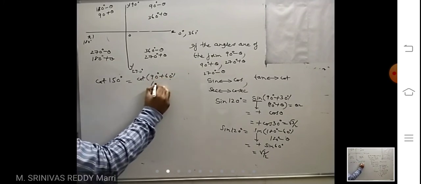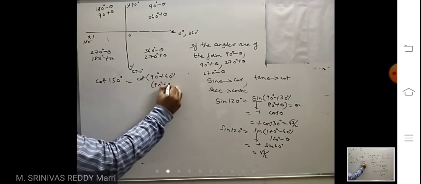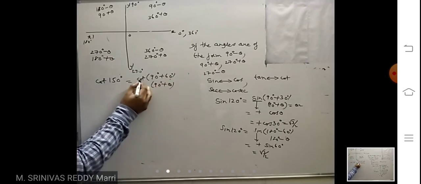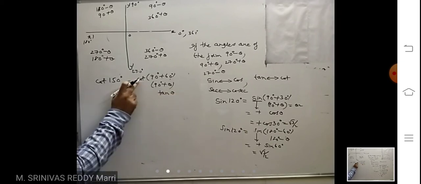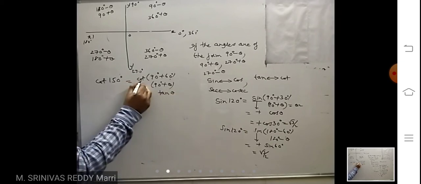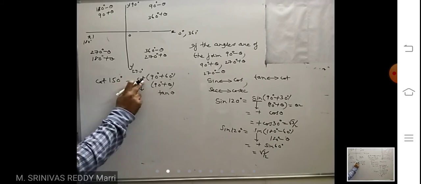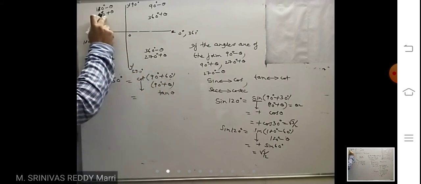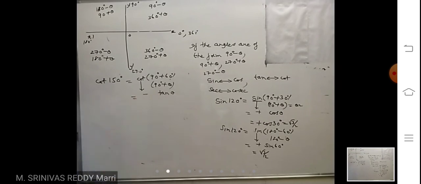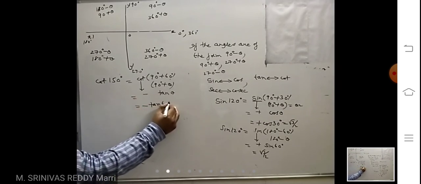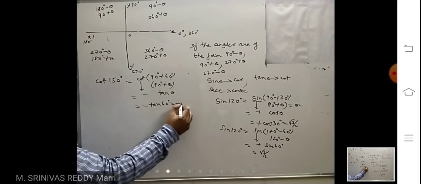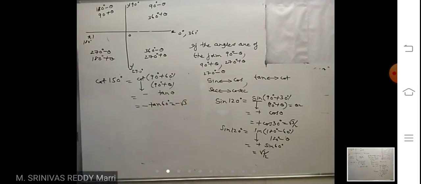So this is of form 90 plus theta. Immediately you write cot of 90 plus theta is what? Tan theta. If cot is there, you write tan. Now for this cot in 90 plus theta, second quadrant, cot is what? Negative. So that means your answer will be minus tan 60 degree. That means minus root 3, like that.